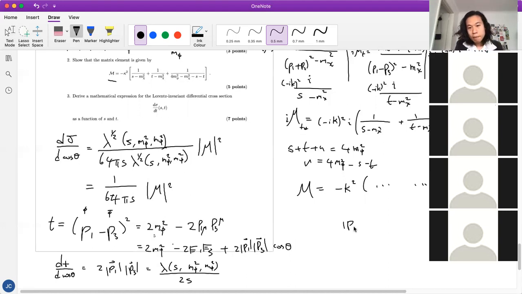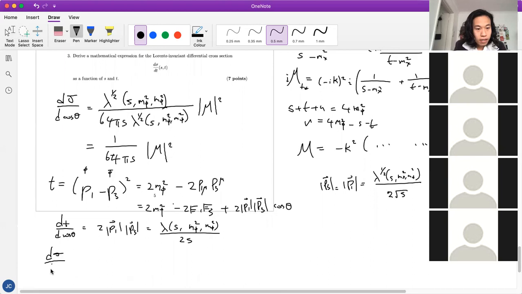Remember that P1 or P3 is equal to lambda to the half over 2 root s, and P3 also equals that. So two of them together cancel out the 2, gives you one of these and s on the bottom.